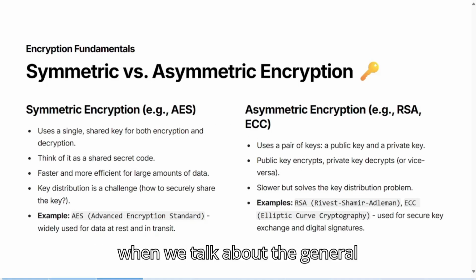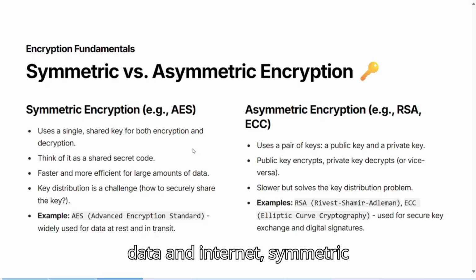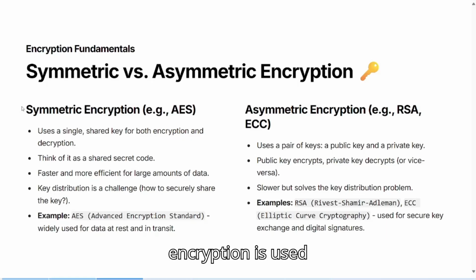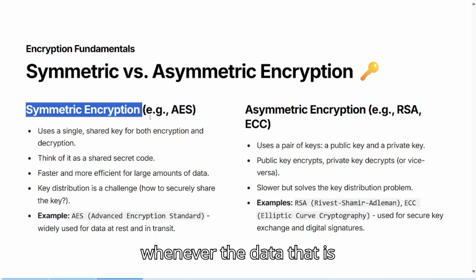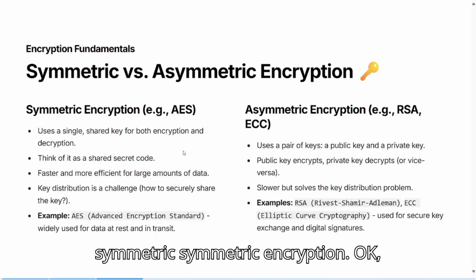When we talk about general data and the internet, symmetric encryption is used whenever the data that is traveling is less important, because the time required is so short. Rather than giving unimportant data lots of resources, we simply give it symmetric encryption.